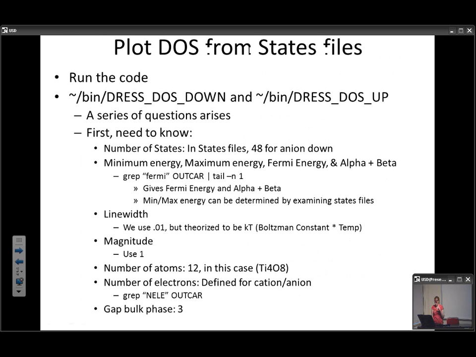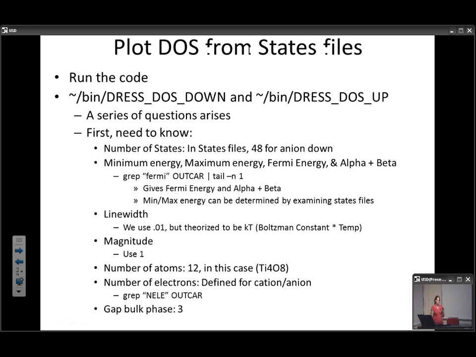So we run the code, both dressdos down and dressdos up, and then there's a series of questions, and this goes into detail explaining how to answer them. Your number of states is in your states file, so 48, and it can be different for up and down.